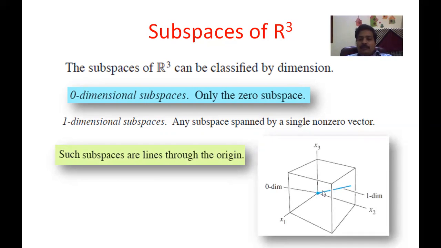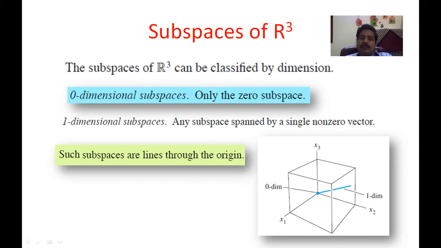So, this origin O, the zero vector itself, is a zero-dimensional subspace, and any non-zero vector can form a one-dimensional subspace with all its scalar multiples.